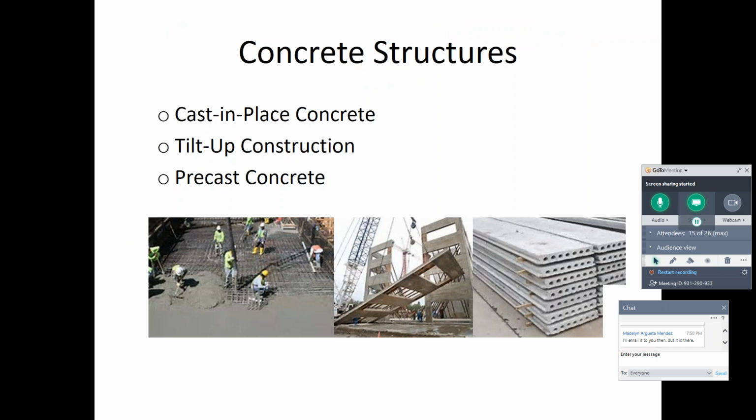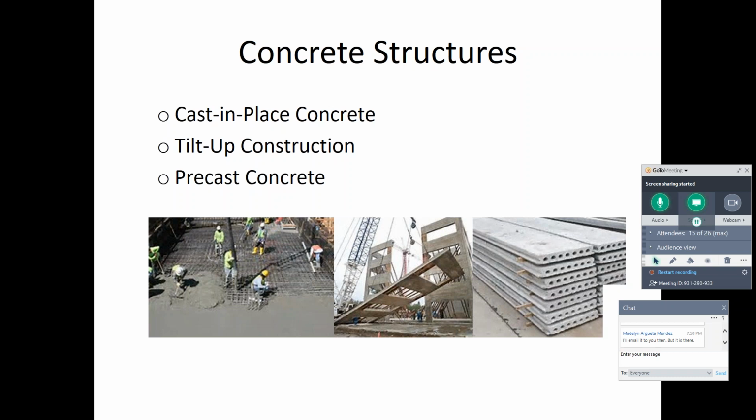So, moving on, we're looking more in depth at some of those concrete structures: cast in place concrete versus tilt-up construction versus precast concrete. I'm showing them in the order in which they're mentioned, from left to right in the images. Cast in place is where they've already set up the metal gridwork and they're pouring it into the cast. They're making a cast of the concrete to make a floor or a wall.